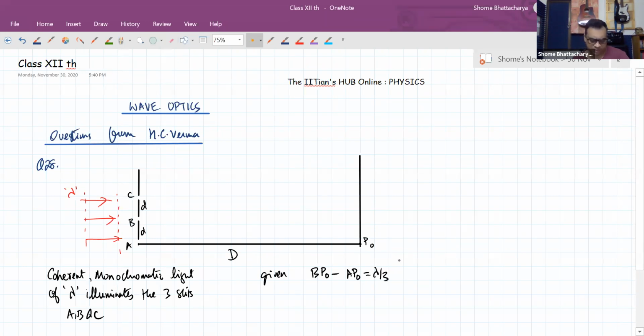So this is lambda by 3, and also given that capital D is very large compared to lambda, which means that small d is also very small compared to lambda automatically. Okay. So first of all we have to find the relationship between small d and lambda.